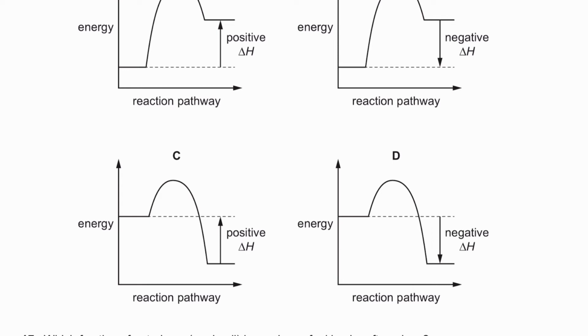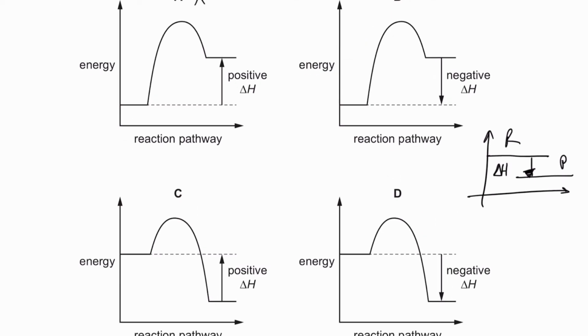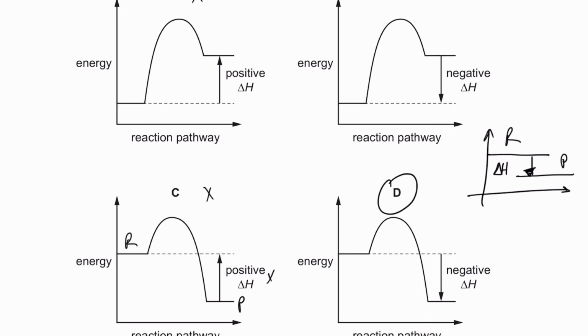For an energy profile diagram, the enthalpy change is always from the reactants to the products. So for option C, the arrow is a positive enthalpy, which is going from the products to the reactants. It's going to be an incorrect option. So the answer is going to be D.